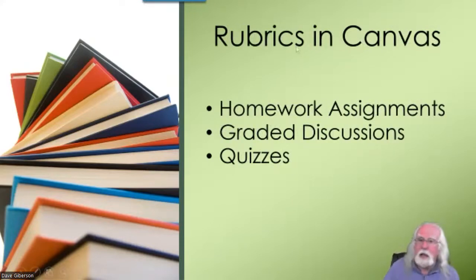Rubrics in Canvas can be applied to homework assignments, graded discussions, and to quizzes. And we're going to go now and look and see how to do this in Canvas for all of these instances. So let me pull up a Canvas course here.